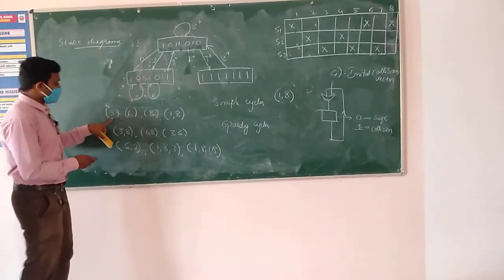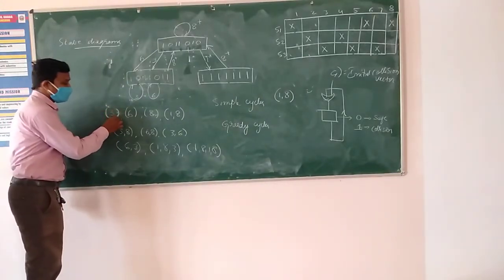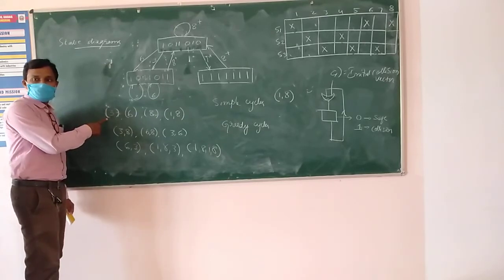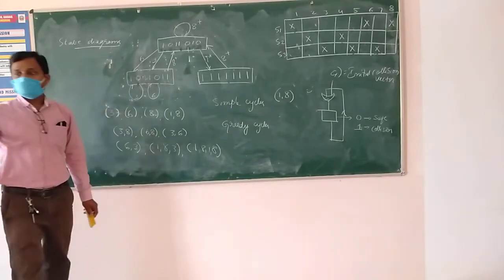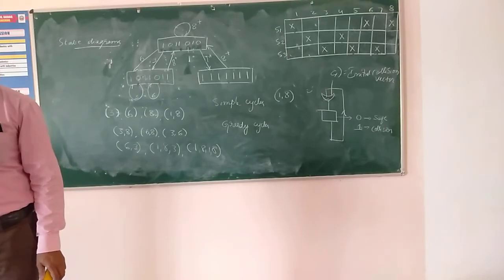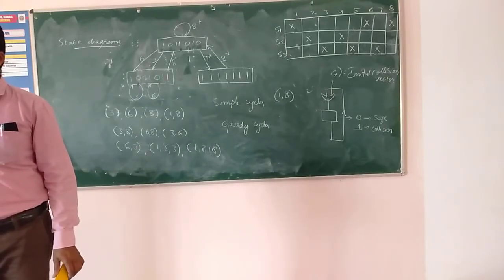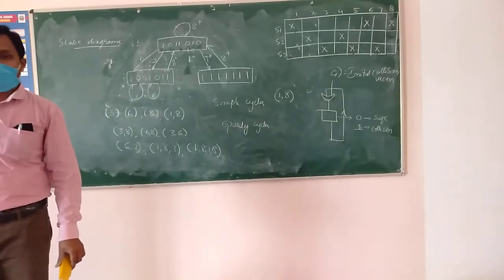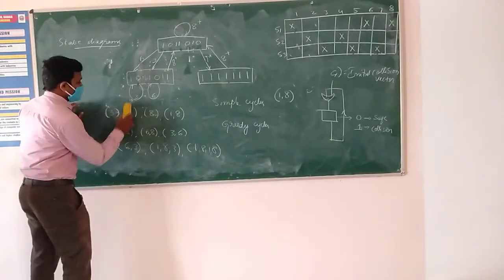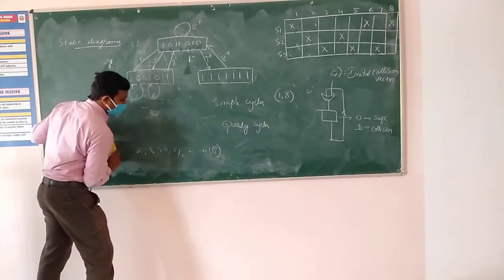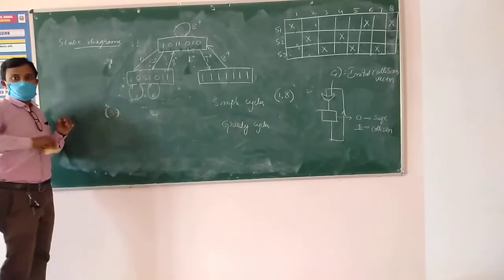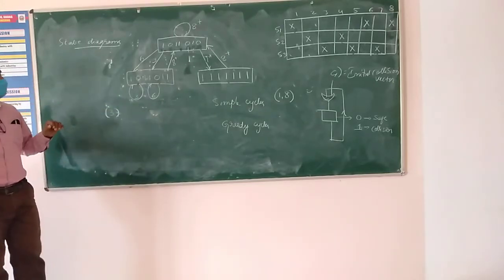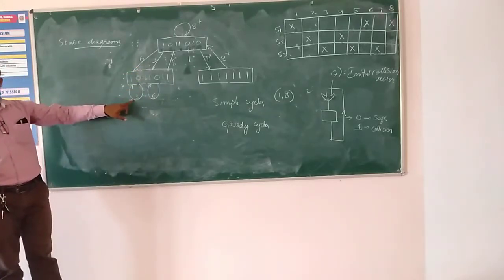The cycle 3 is the greedy cycle that starts from the starting state, the initial state. Okay, all right. So where do you have to show the asterisk? This 3 or this 3?